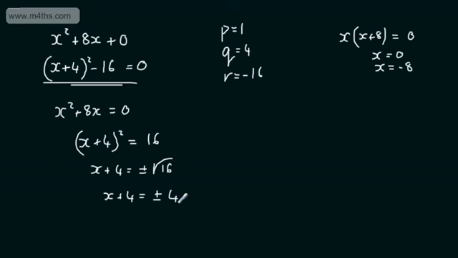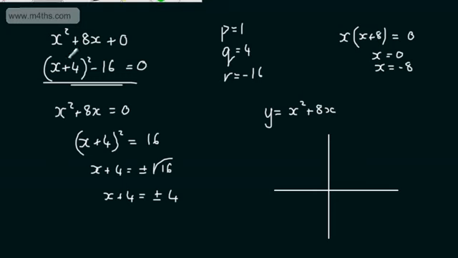The advantage of this, again, the completed square form, is that if I wanted to graph now y is equal to x squared plus 8x, I now have some idea on how to do this. So let's go ahead and do that. We can see now that if I wanted to show the minimum point, I'm going 4 to the left.